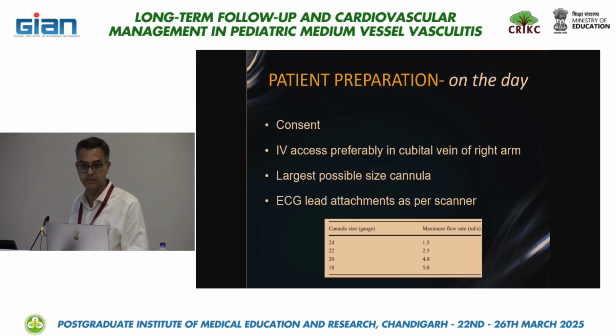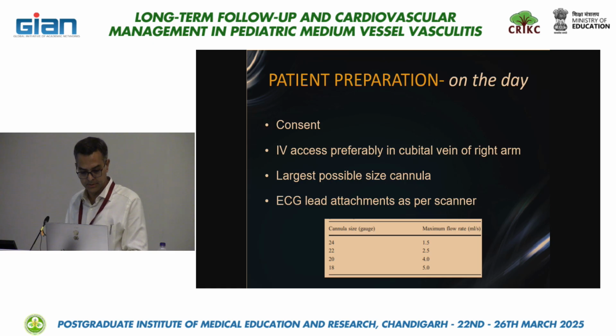However, these days, whatever access is available, we can perform the CT, but we have to change a few parameters. But it is always better if it is close to the heart. Why? Because that way, from the peripheral venous system, we reduce the dead space until the contrast reaches the aorta and opacifies the coronaries.